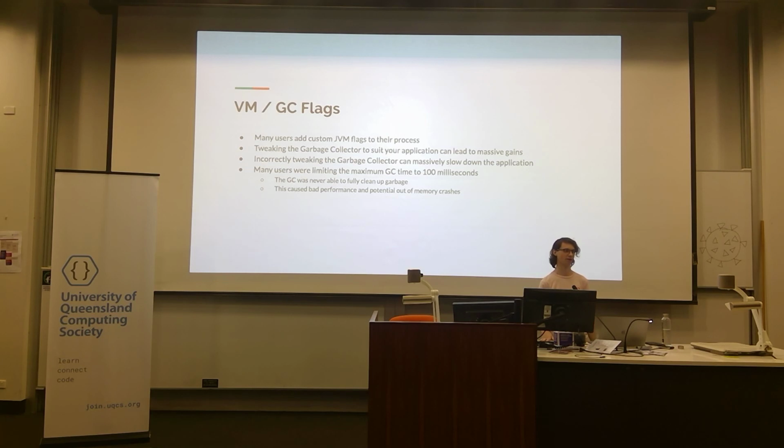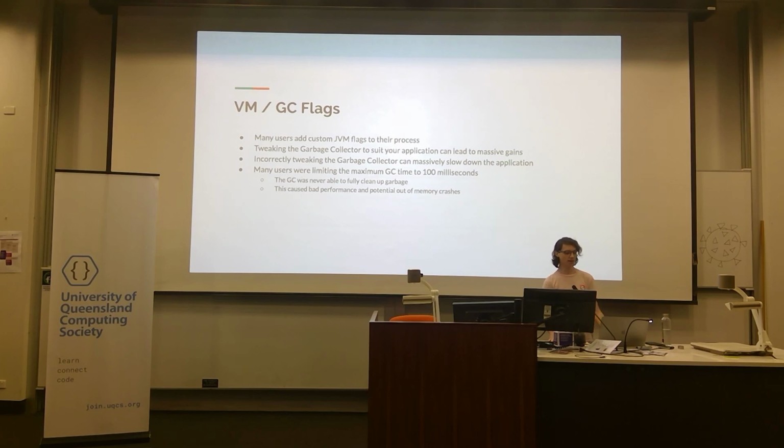They just read somewhere, hey, this is good, and then just add it. It's often not the case, but they actually can be used well. If you know what you're doing, you can tweak the garbage collector to suit the application, and this can lead to substantial gains. Incorrectly tweaking the garbage collector, however, can massively slow down the application.